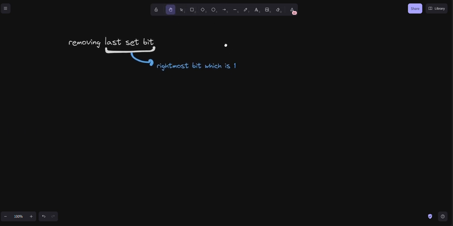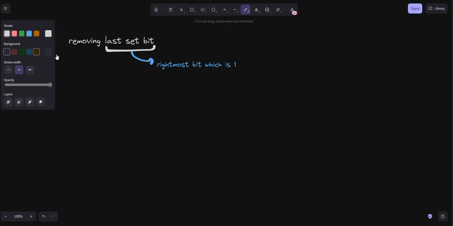So let's take one example so that you understand this question. Let's say that n is equal to 12. You need to remove the last set bit. So 12 is represented in binary like this, right? Now what is the rightmost bit which is 1?